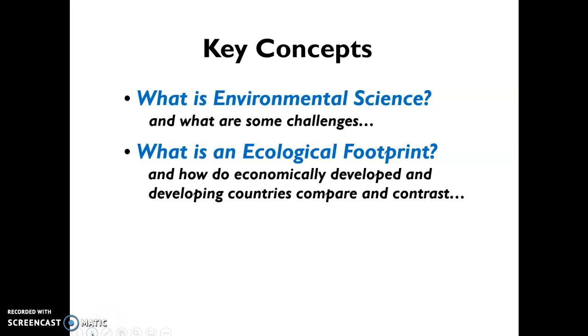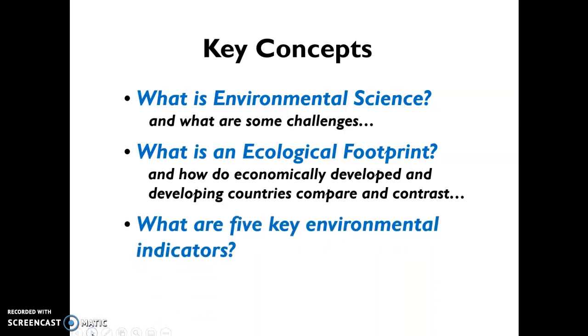And how do economically developed and developing countries compare and contrast? You need to be able to define the 5 key environmental indicators and how they are indicators. That means a sign like a thermometer, but maybe not tell us what actually is the cause. And discuss the concept of sustainability and its importance in being able to continue for future generations. So that's it for Chapter 1.